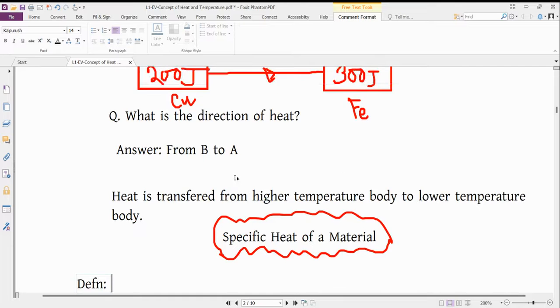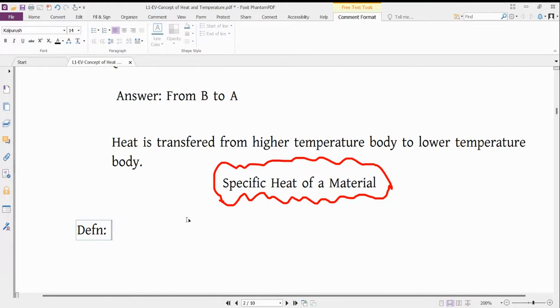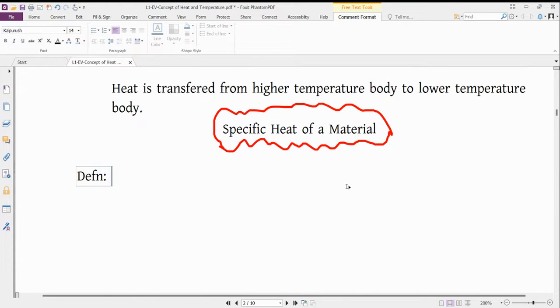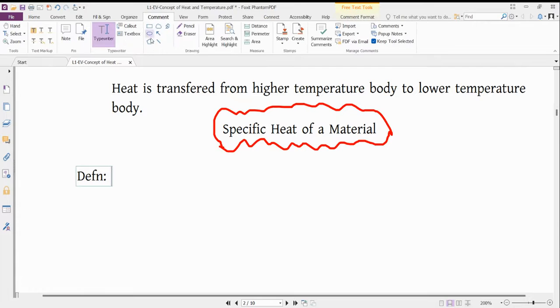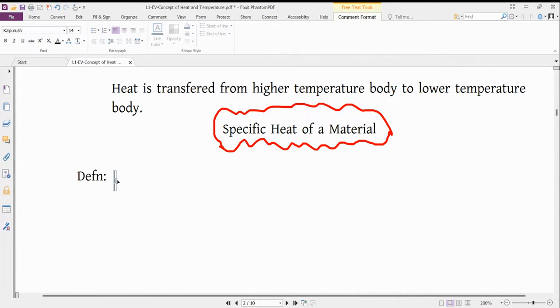The property of the material is called specific heat. By supplying an equal amount of energy to two bodies, the temperature may be different. Okay, I will explain later. Just writing the definition.